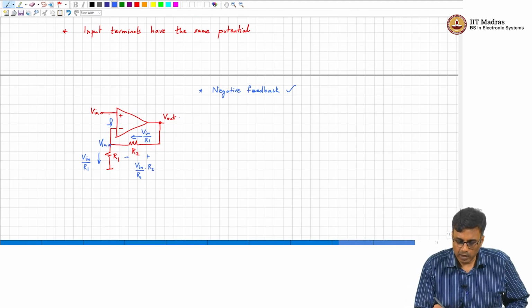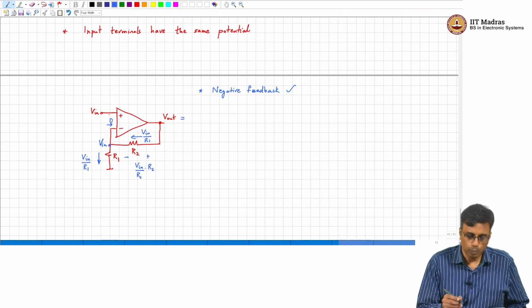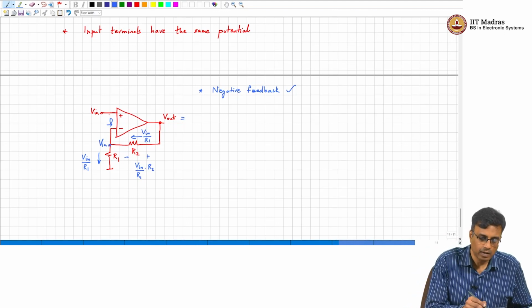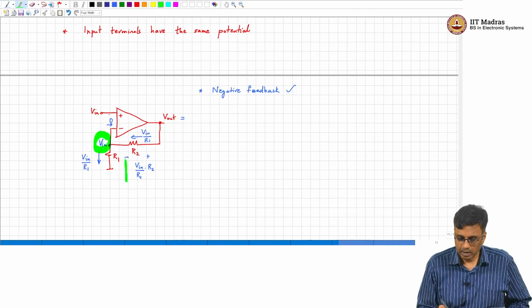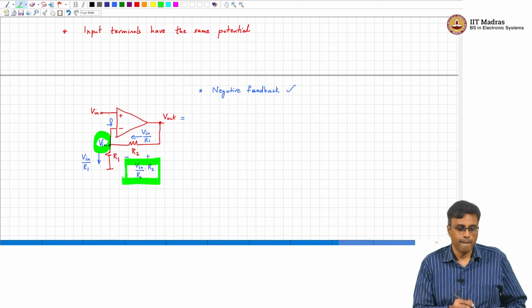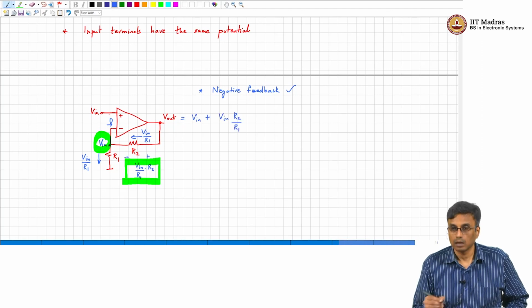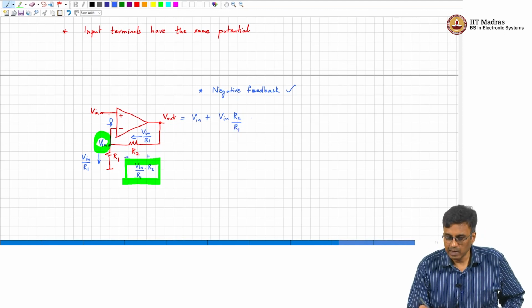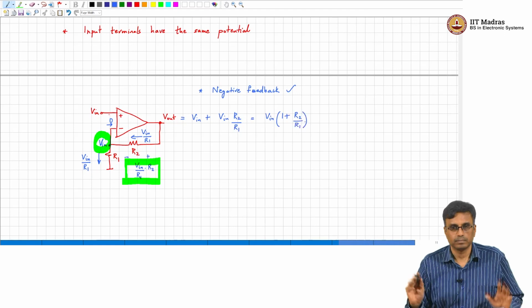So, what is the output voltage? The output voltage is this voltage plus that voltage, and that is basically V in plus V in times R 2 by R 1, which is basically V in times 1 plus R 2 by R 1, right.